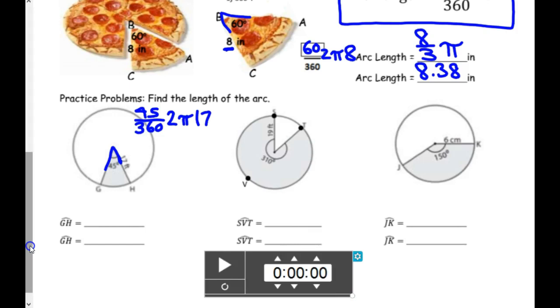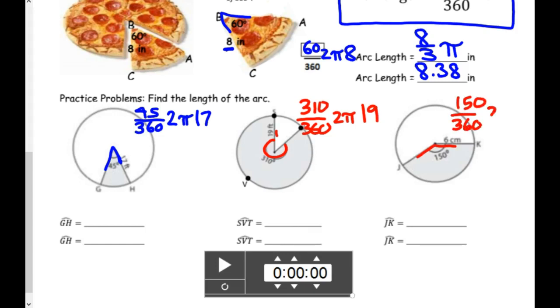And that's it. All right, so if you did it, you are fast. Congratulations. But it should have been, for this one, 310 over 360, 2 pi, and then 19. This one is 150 over 360, 2 pi 6. Okay? So if you have the formulas written down, now it's just a calculator problem, right?